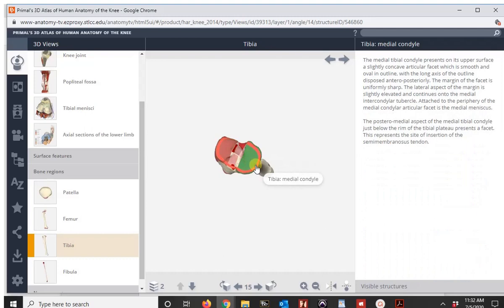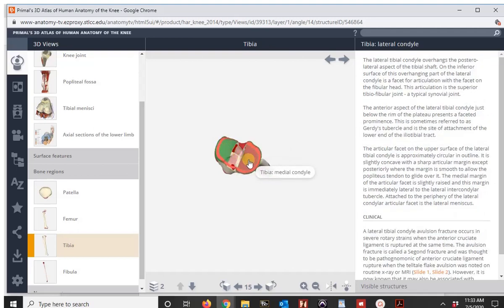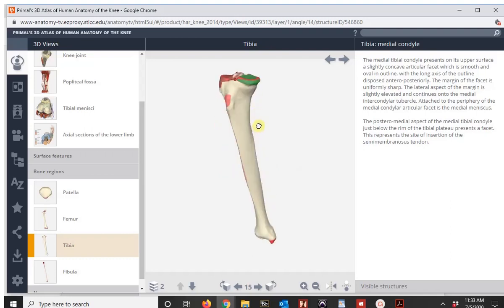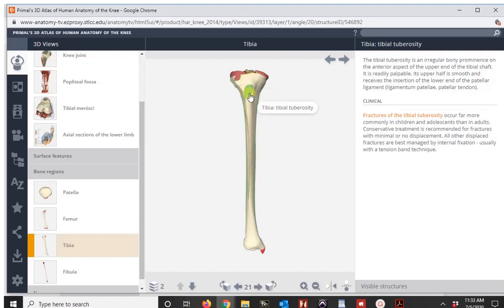And the outside are the borders. These are called plateaus, the tibial plateau. I don't think you need to memorize that for your bones, but you do need to understand that these condyles are the smooth surfaces that connect in the knee. And once again, here's the tibial tuberosity, the rough area where muscles connect.